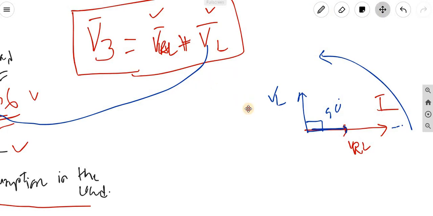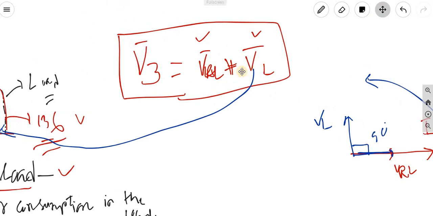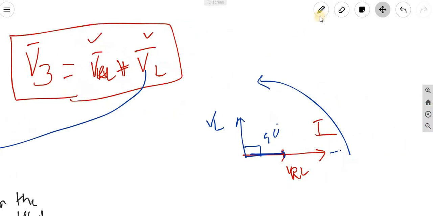There is a vectorial addition of these two elements, and the resultant will be V3.